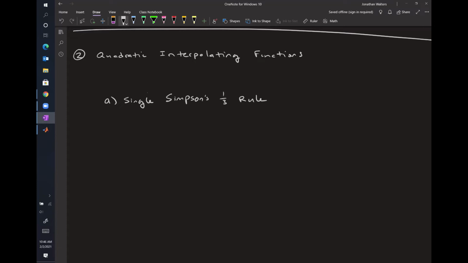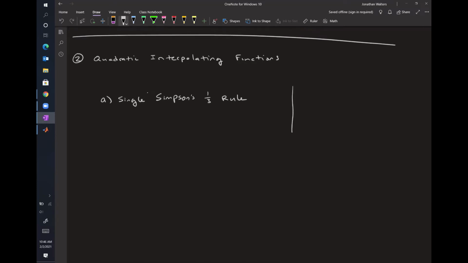So basically what's going to happen to our function using a single Simpson's 1/3 rule is, say this is our function. Then over this interval AB, we're going to take 3 function values, a, b, and the midpoint. And we're going to interpolate those 3 values with a single parabola.